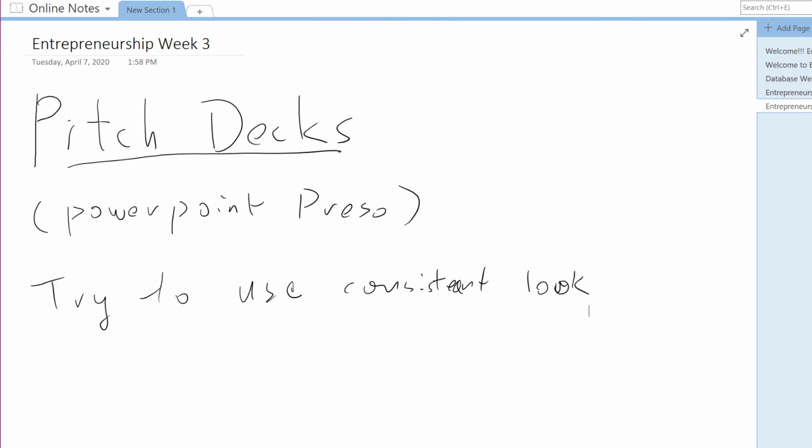It is due by the end of next week, along with the business plan. So this will be part A of the final, and part B of the final will be the business plan. I will spell it out as an assignment on Moodle.